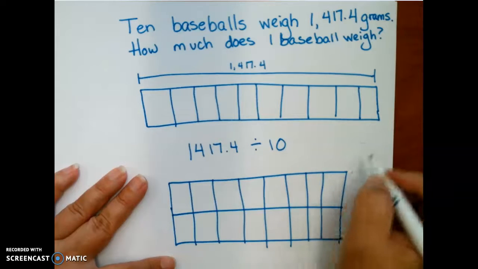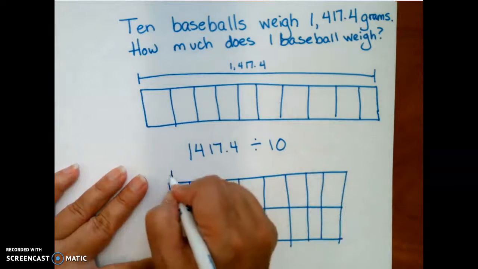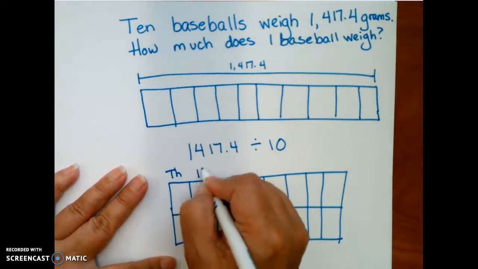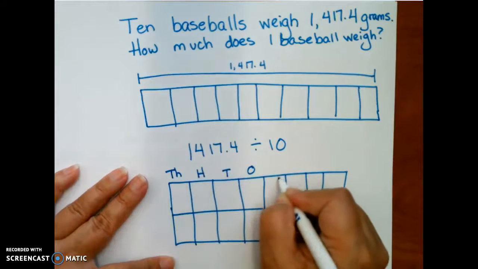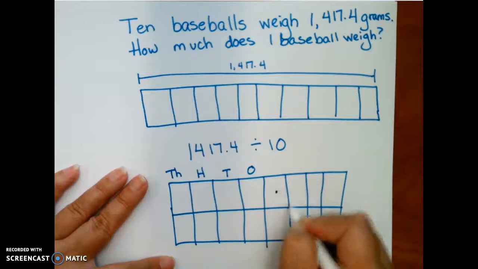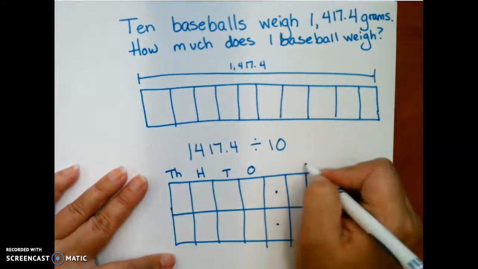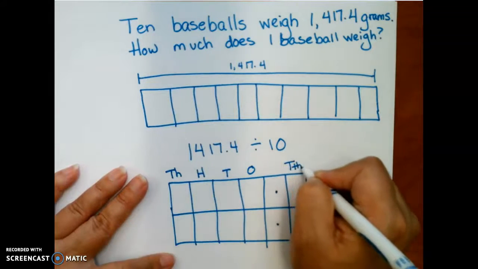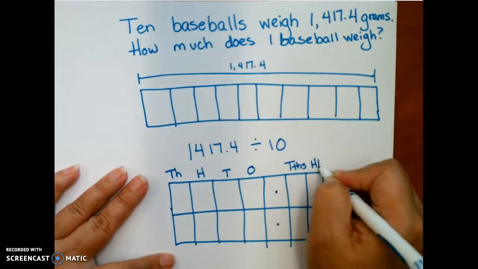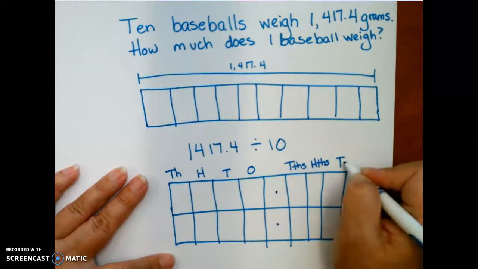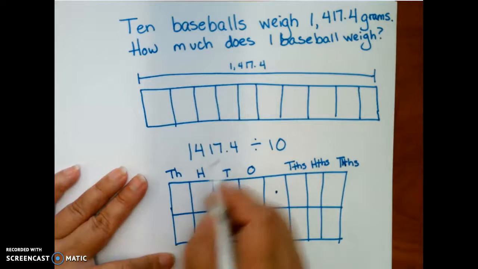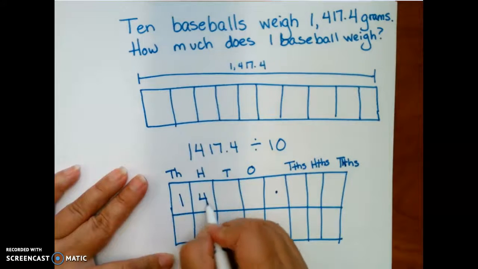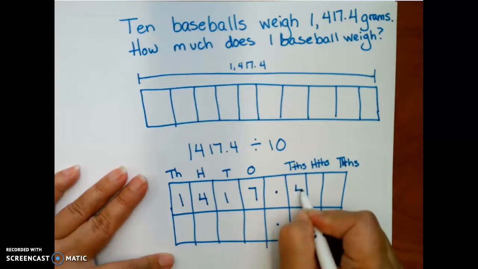So I have thousands, hundreds, tens, ones, my decimal point, and then I have tenths, hundredths, thousandths. Now, I have 1,417 4/10.